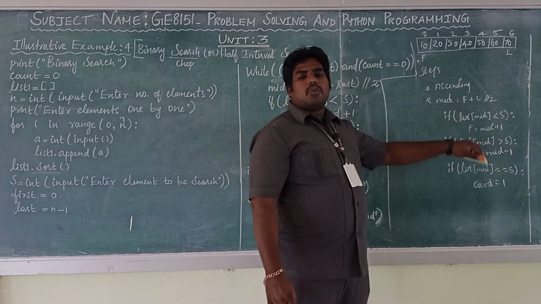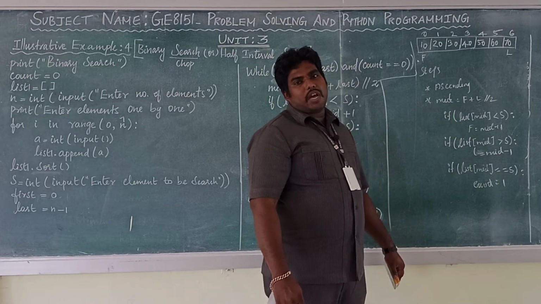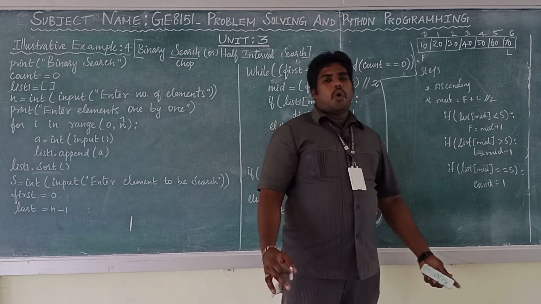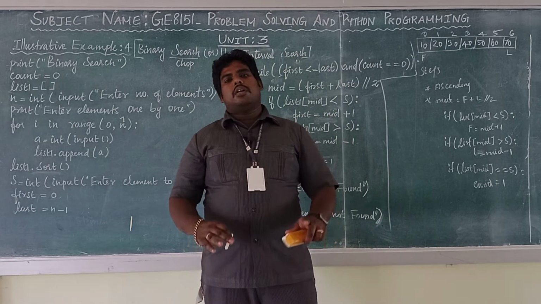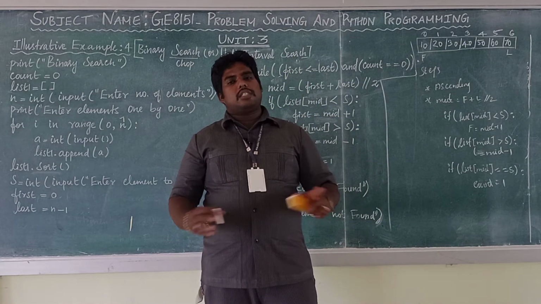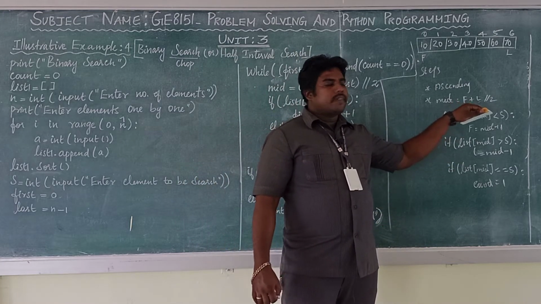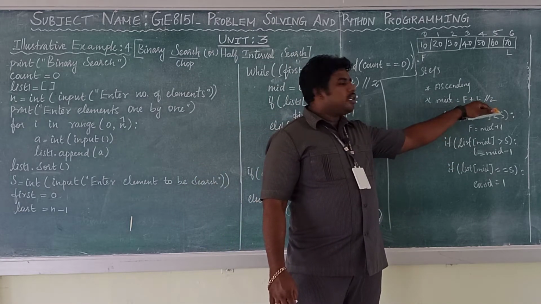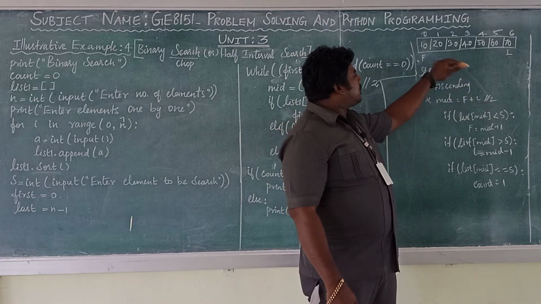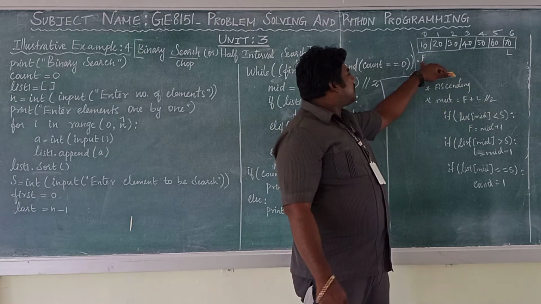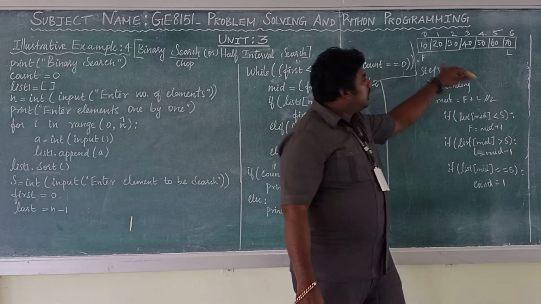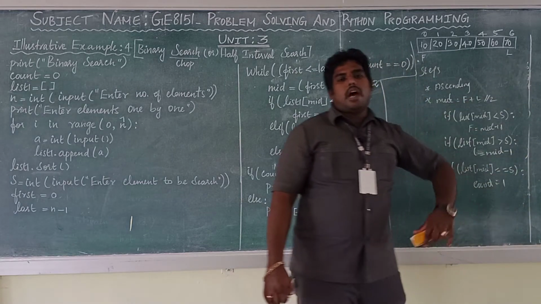Second, you have to know how to find the mid value. As you want to break the list into two, you want to find the mid. For finding the mid, we have to know the first and last. The first index is considered as first and the last index is considered as last.